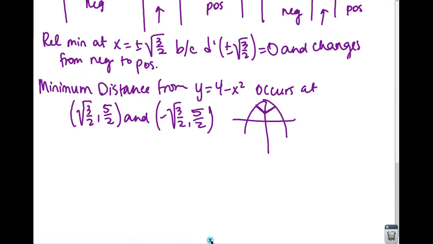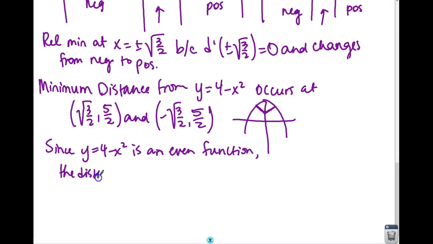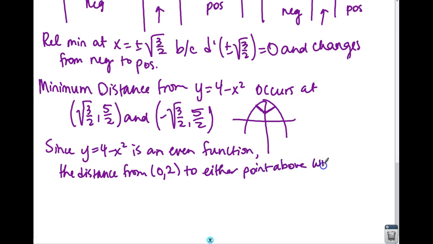So since y equals 4 minus x squared is an even function, the distance from 0 to either point above will be the same.